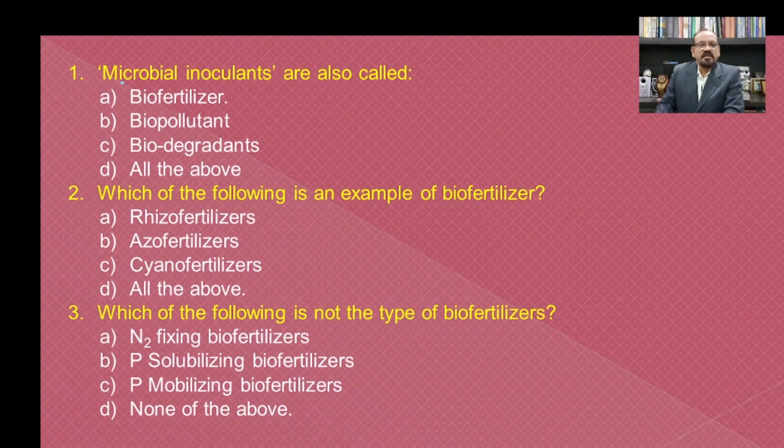Question number 1. The microbial inoculants are also called as. The microbial inoculants are itself the biofertilizer. They are not the biopollutant and not the biodegradants, and hence the question number 1 answer will be A. Then which of the following is an example of biofertilizer?